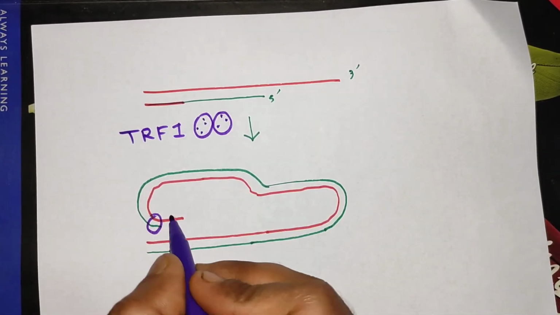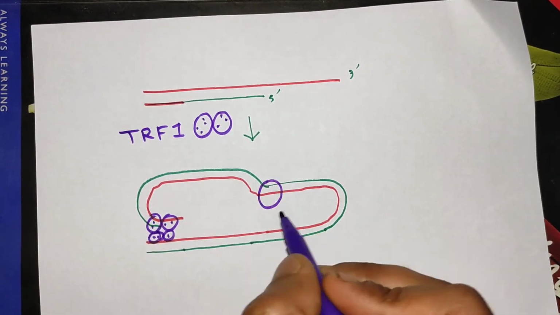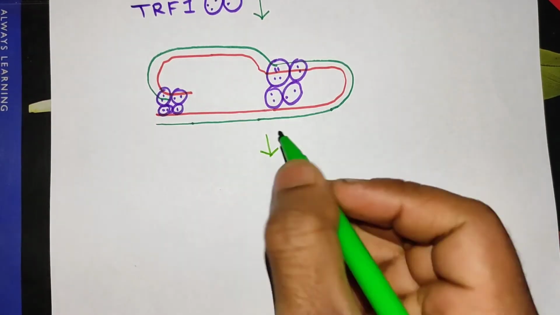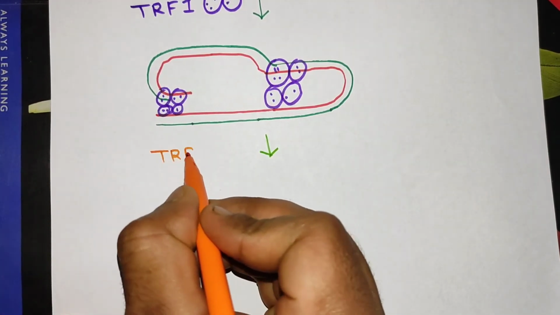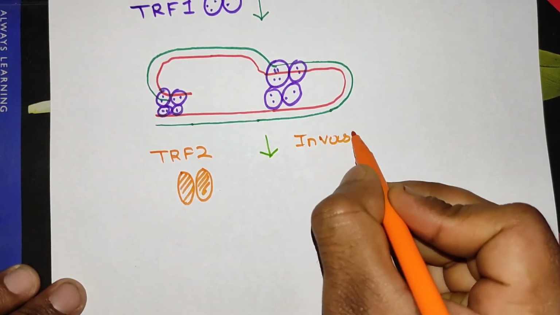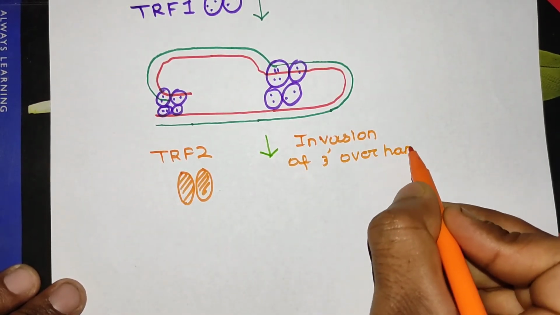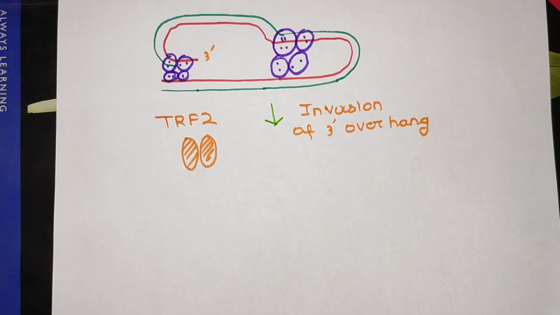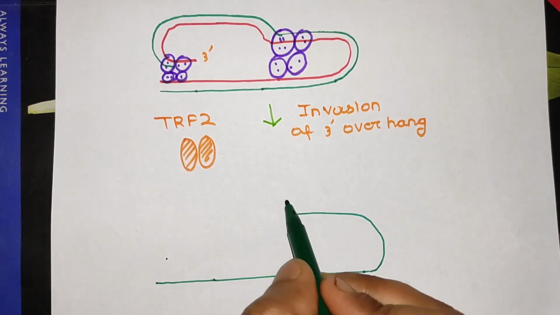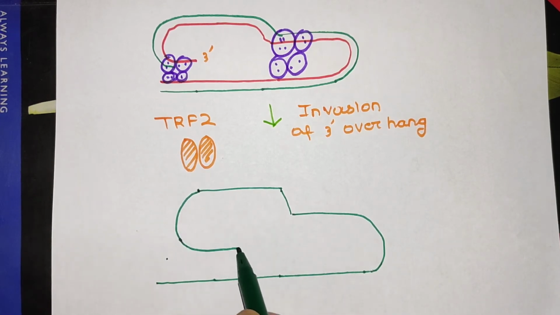The first protein that comes is TRF1. So TRF1 binds with that particular DNA, and after the function of TRF1, TRF2 comes and forms the T-loop. So invasion of the 3' overhang occurs due to the action of the TRF2 protein.